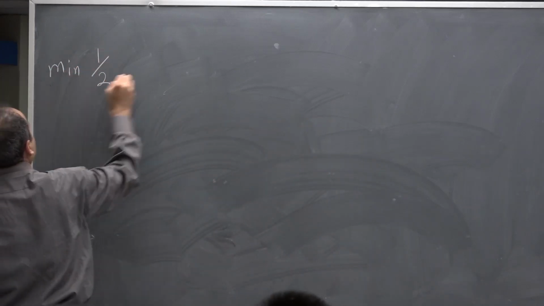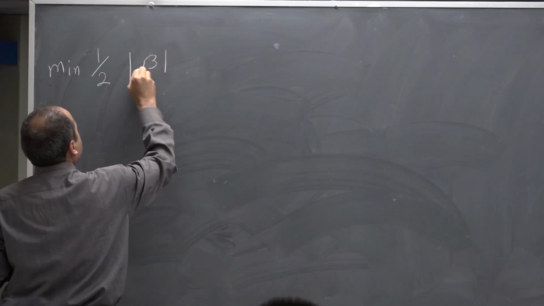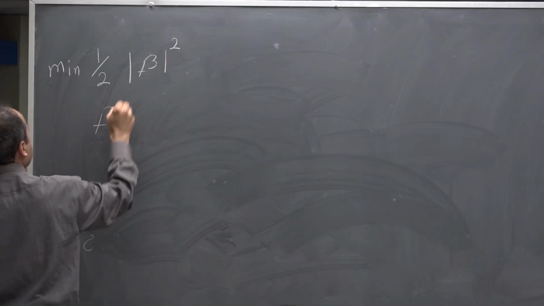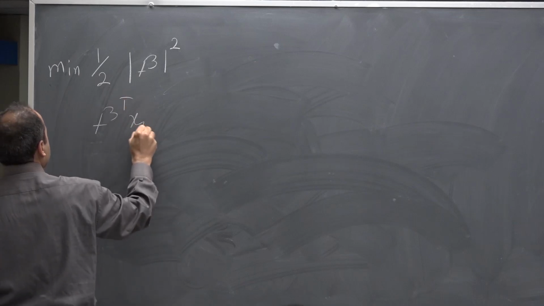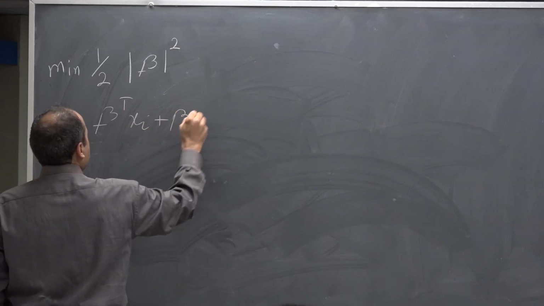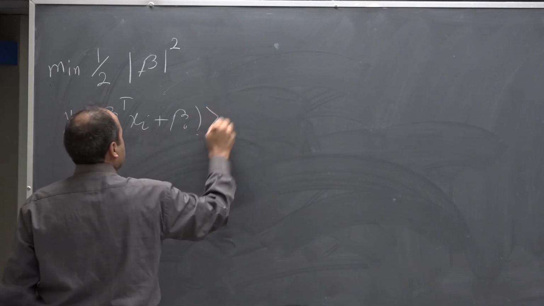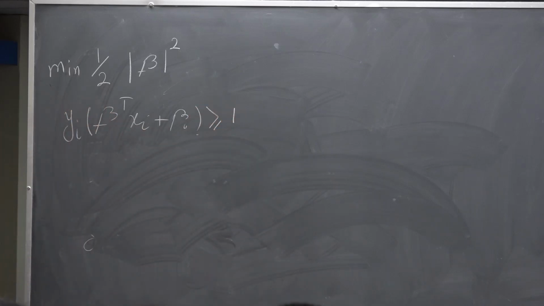minimizing the norm of the hyperplane subject to the constraint that yi times beta transpose xi plus beta null is greater than or equal to 1 for any i.